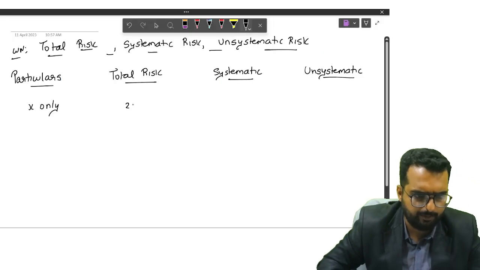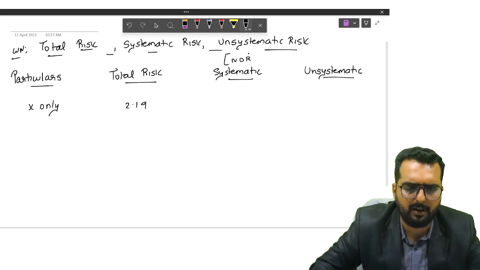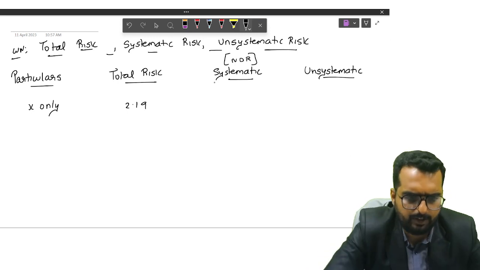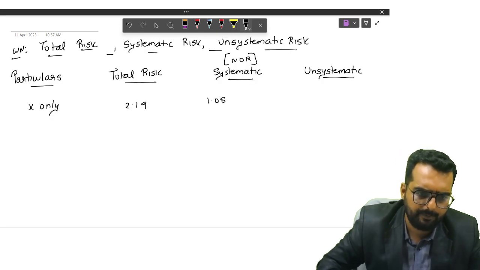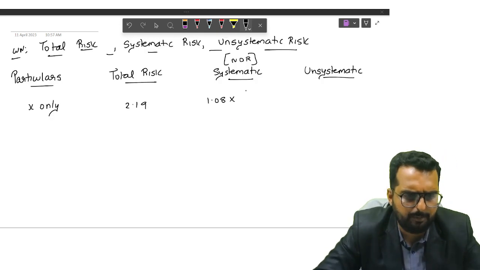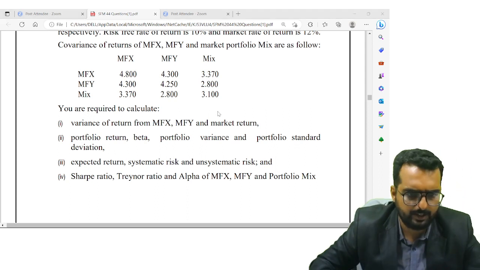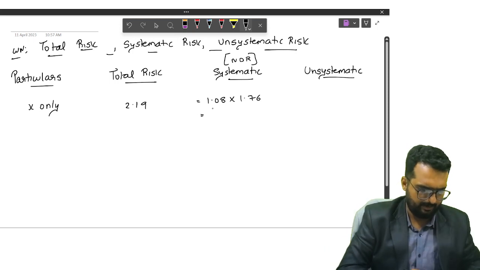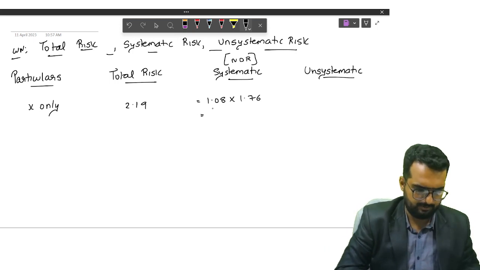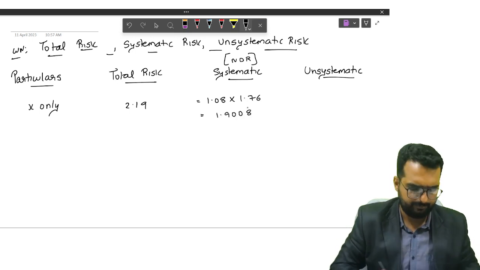That is 2.19. How do you find out the systematic risk? That is non-diversifiable risk. The formula is beta of the security into standard deviation of the market. So 1.08 into standard deviation of the market. How much is standard deviation of the market? 3.1 square root. Do you get the number as 1.76? Do you get the answer as 1.9008?